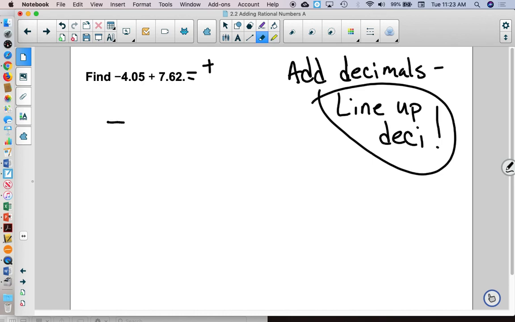Now I say 7 and 62/100 minus 4 and 5/100. And what do you get when you do the subtraction? Do the subtraction. Don't sit around and wait on me to do the math. You do it. Do the math.